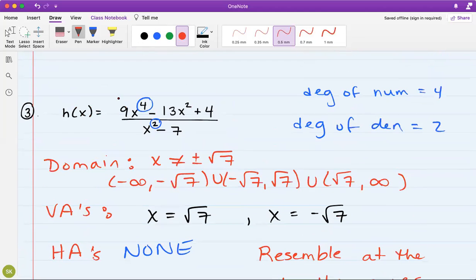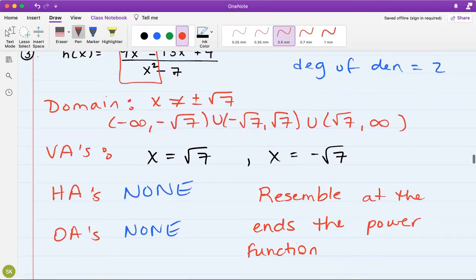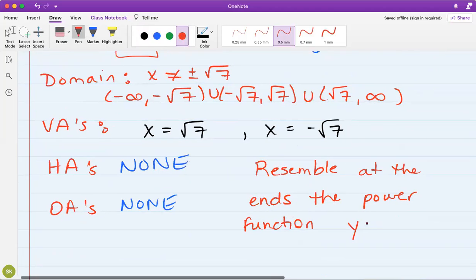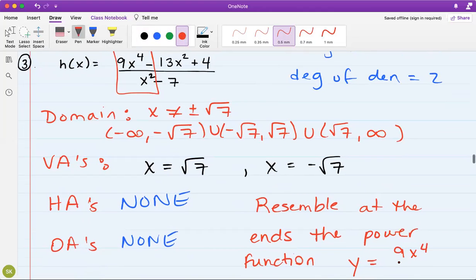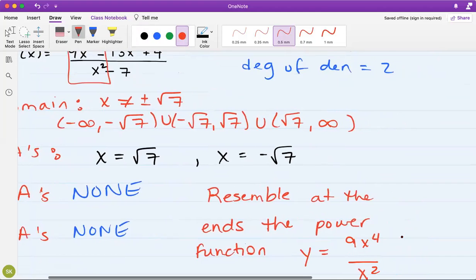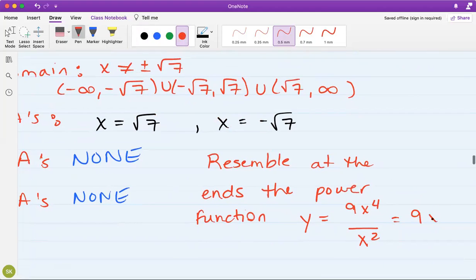What you need to do is take these two right here, this was a square, and divide them. So y is equal to 9x to the 4th over x squared. And if you simplify that, that's 9x squared.